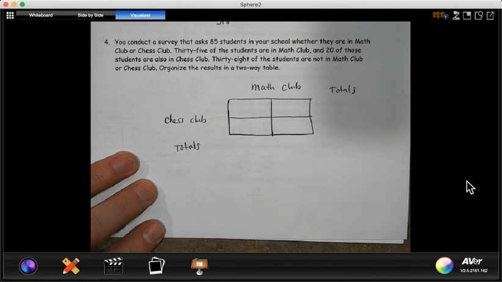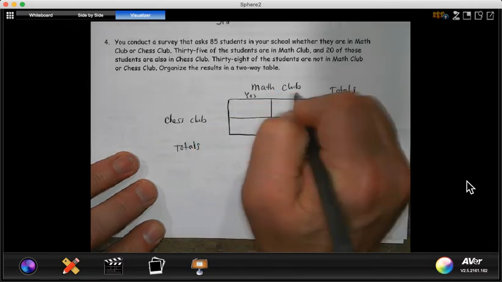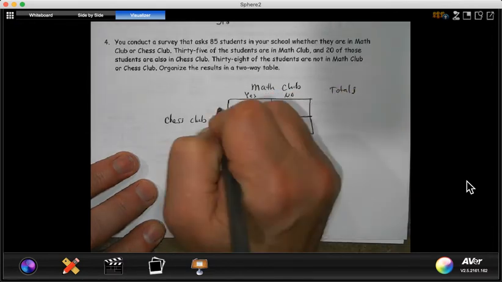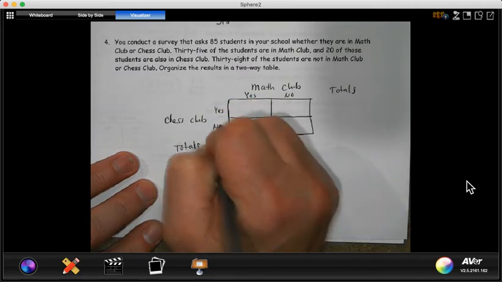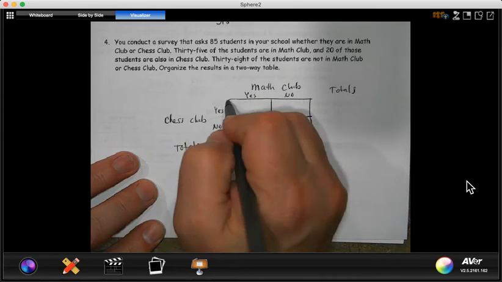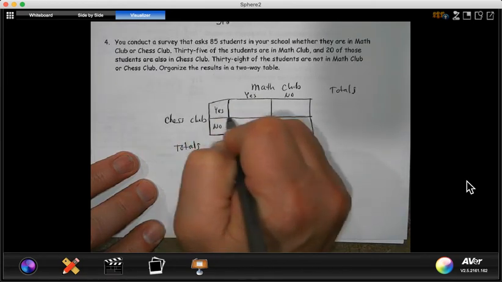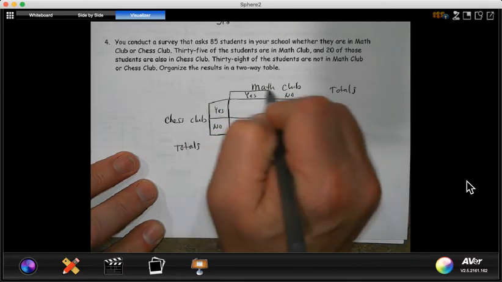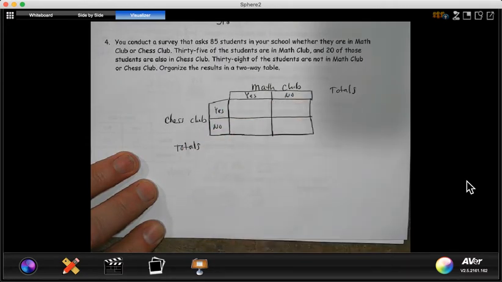Okay. All right. So your categories are yes or no, math club, yes or no, chess club. Maybe I need a few more boxes for the yes and the no. So it looks nice like that. That looks good.